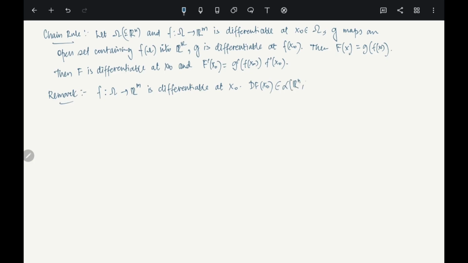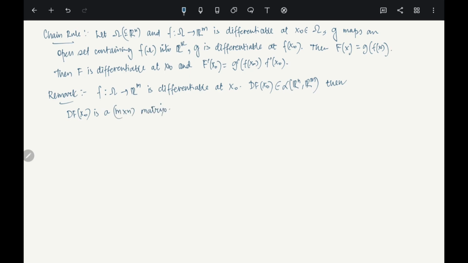This is given, right? Now what do we know? We know that any linear map from Rn to Rm is basically nothing but a matrix, right? Then df x0 you can actually write as an m cross n matrix. Clear?